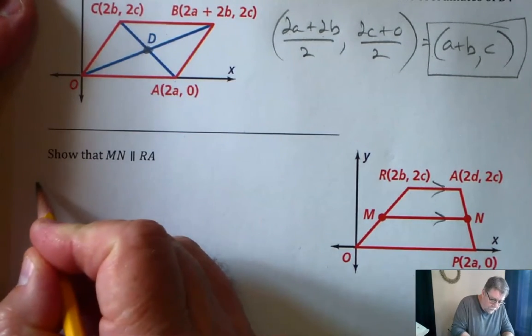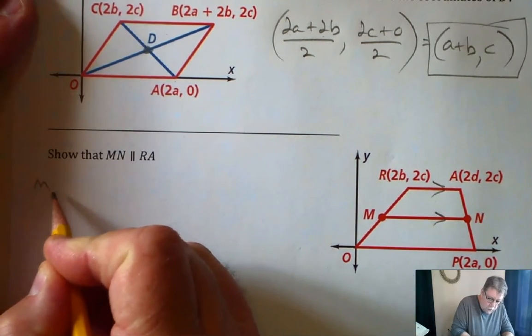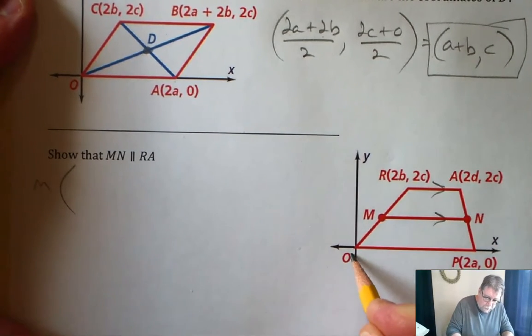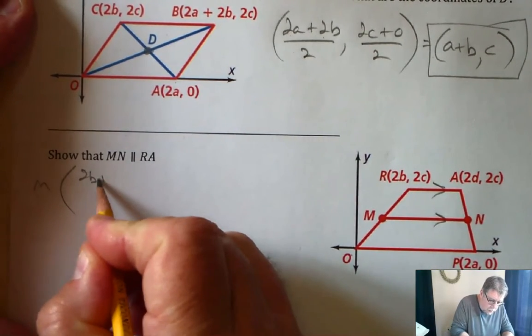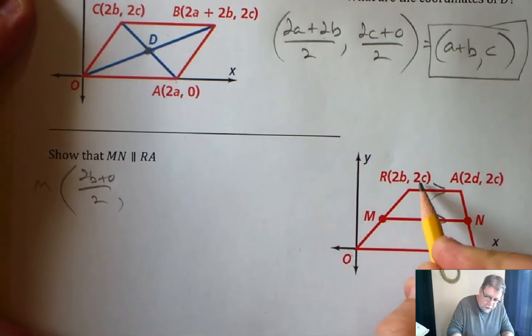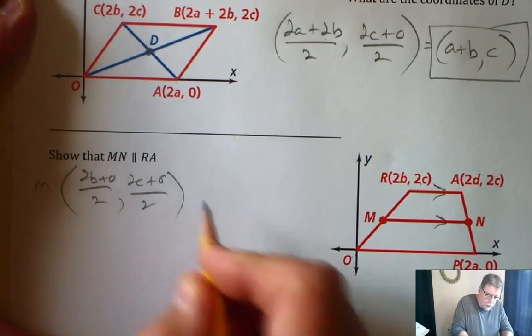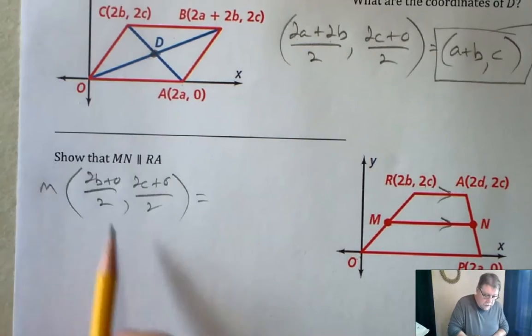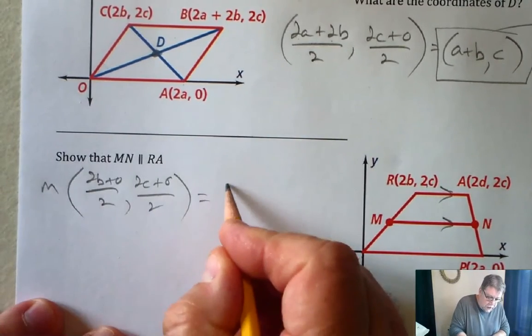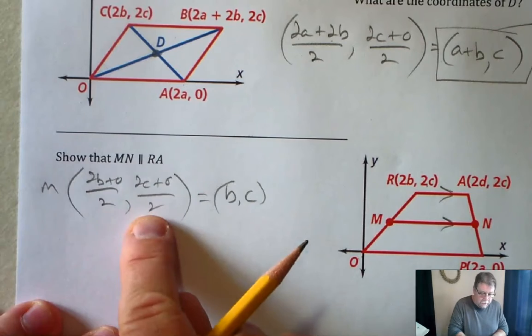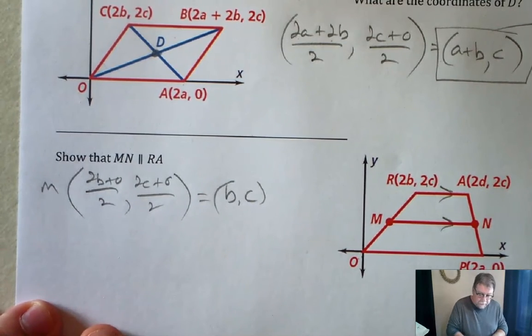So M would be 2b plus 0 over 2, comma, 2c plus 0 over 2, which would simply be b, comma, c. That's going to be 2b over 2 and 2c over 2.